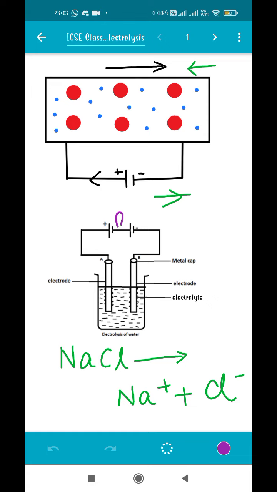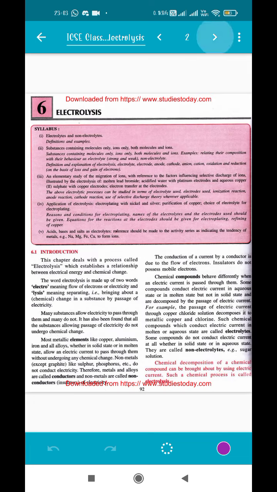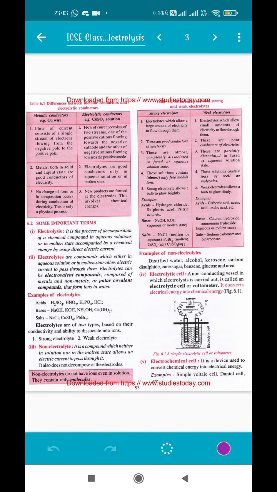Those are called electrodes. There are two types of electrodes, a cathode and an anode. As you can see in figure 6.1 in your book, anode is the electrode which is connected to the positive end of the battery, and cathode is the electrode which is connected to the negative end of the battery.